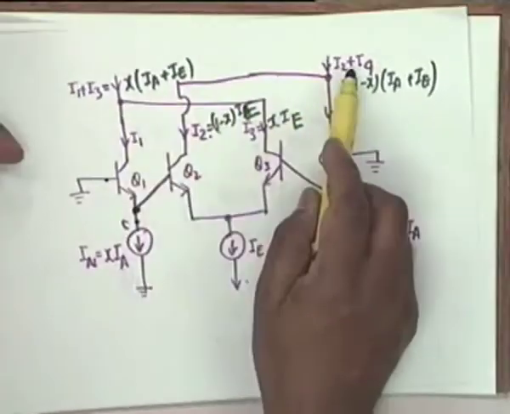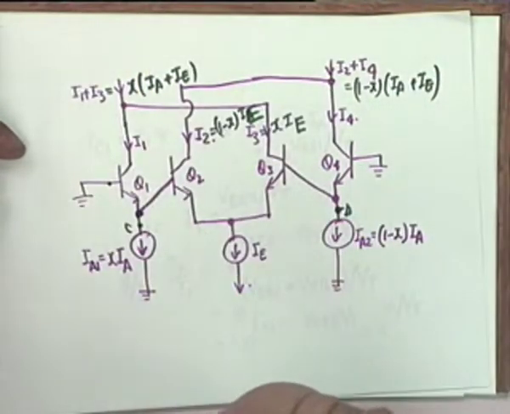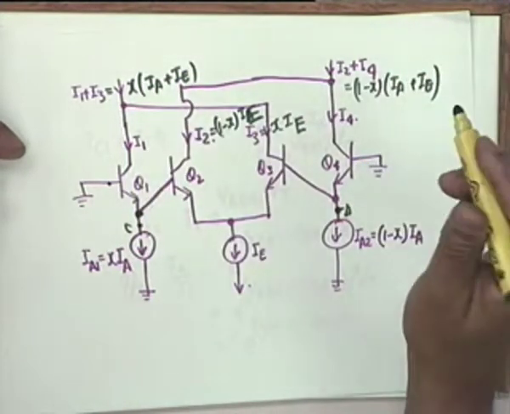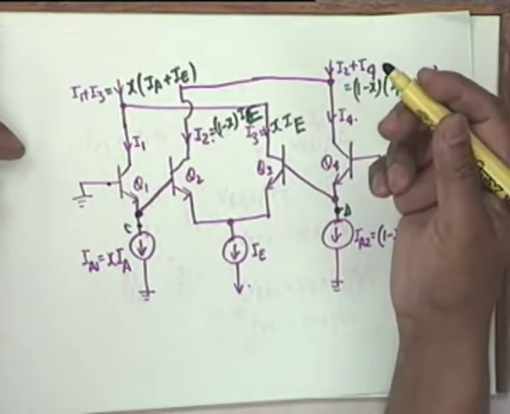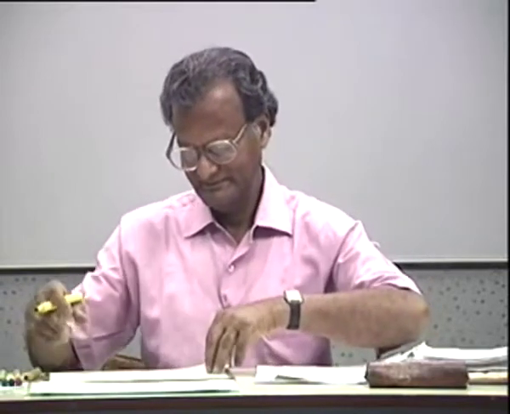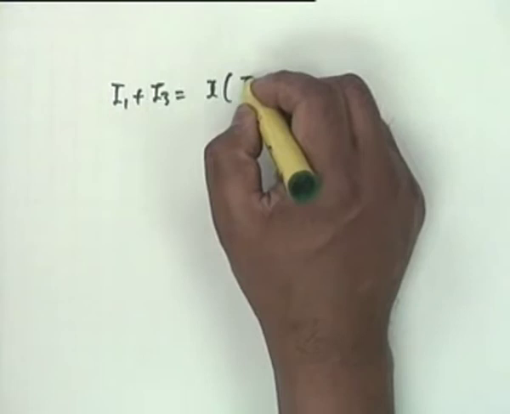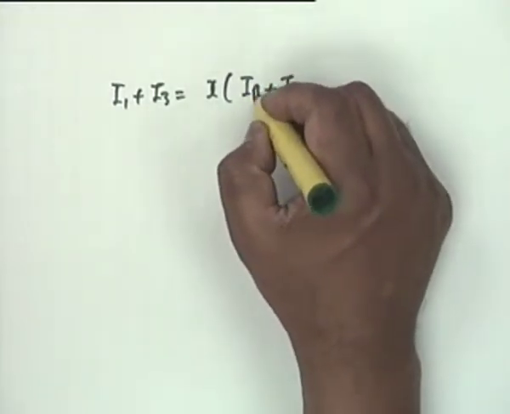Obviously, these two are my output currents. I1 plus I3 and I2 plus I4 are my output currents, and the difference between the two output currents is obviously twice X IA plus IE minus IA plus IE. Okay, let's write this down. I1 plus I3 is equal to X times IA plus IE.